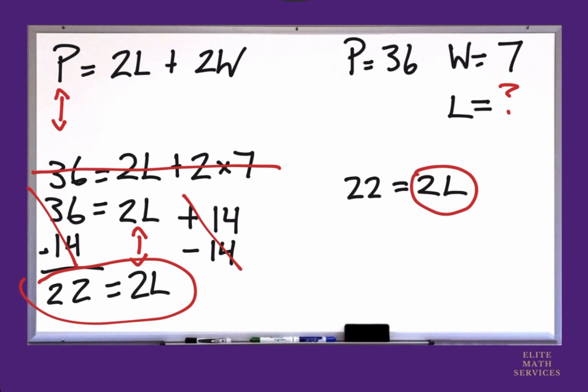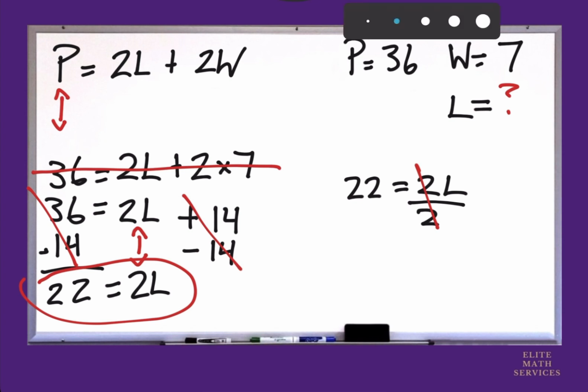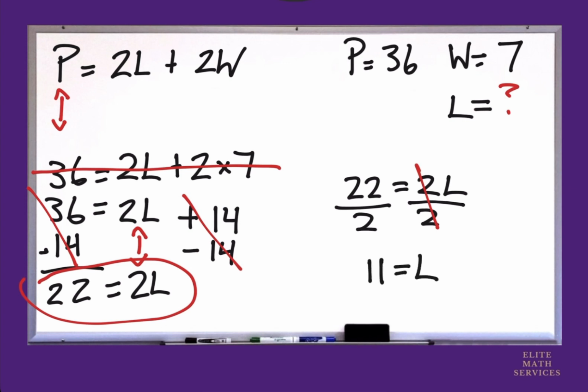We're going to divide it by 2. If we had 3L, we divide it by 3. And remember, what we do to one side of the equal sign, we do to the other side. So we must divide 22 by 2, which leaves us with 11. And our length is equal to 11.